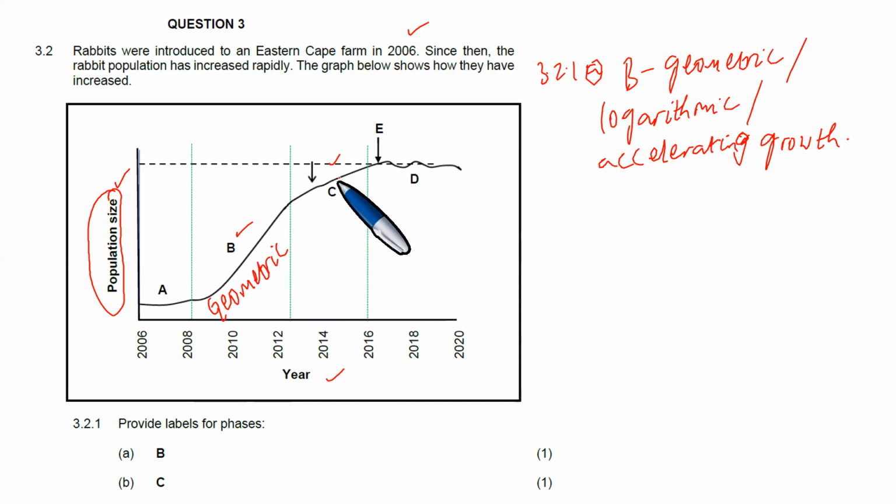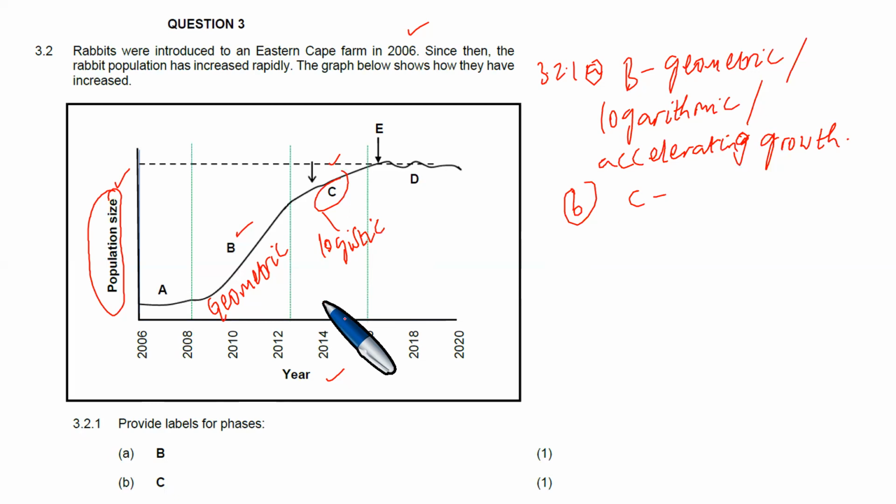Okay, there's this part here. What do you call the part C that is about to level off a little bit? That one in 3.3.1, part B, obviously the C. This one is called the logistic. We must know the different components of the population curves.